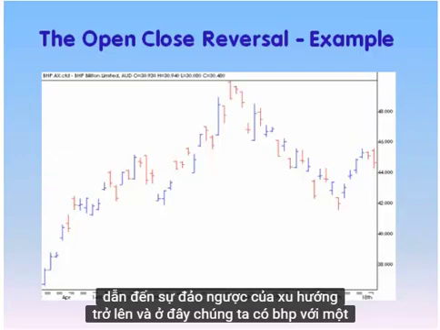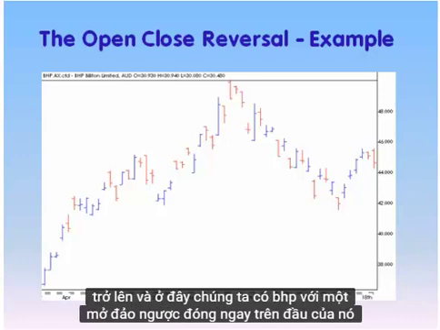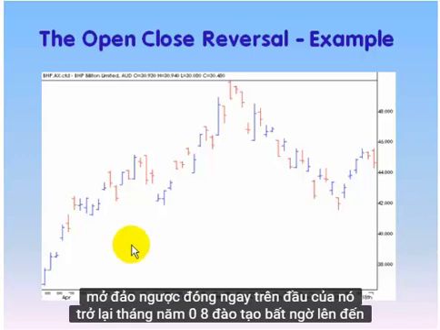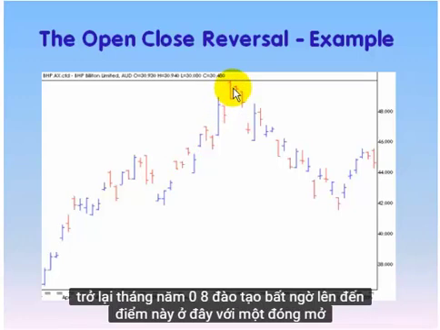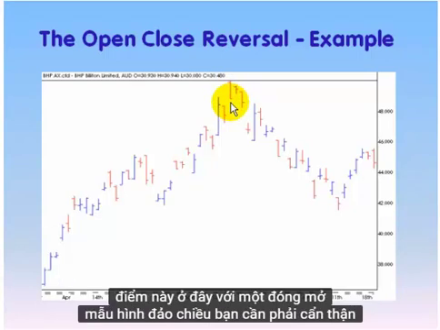And here we have BHP with an open close reversal right at its top back in May 08. So price trending up to this point here with an open close reversal pattern.